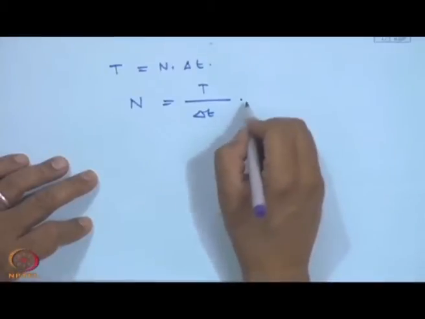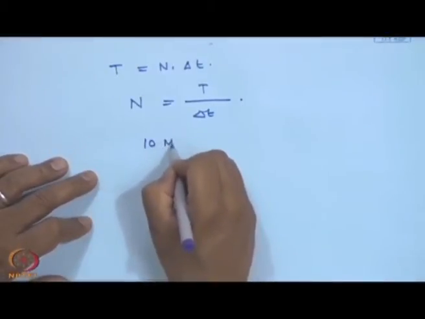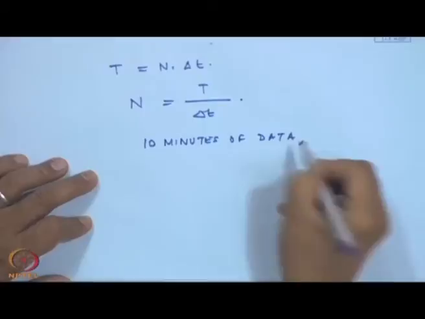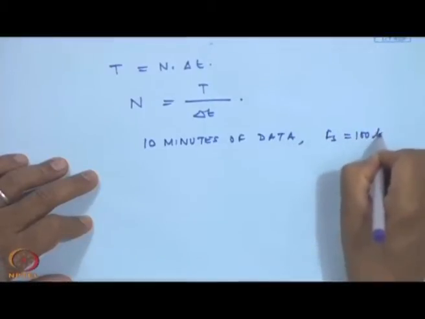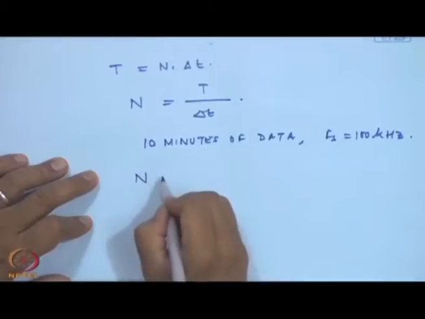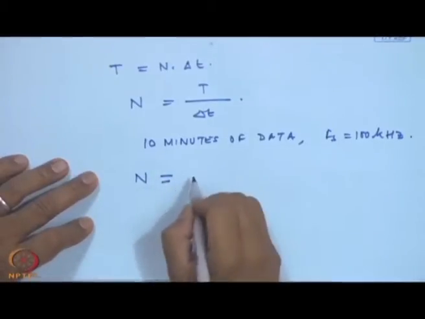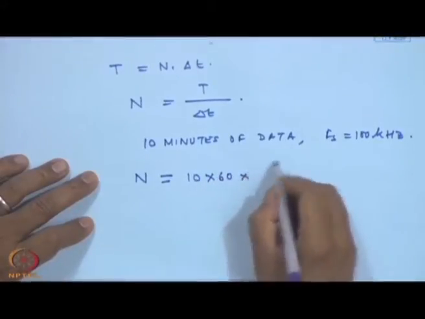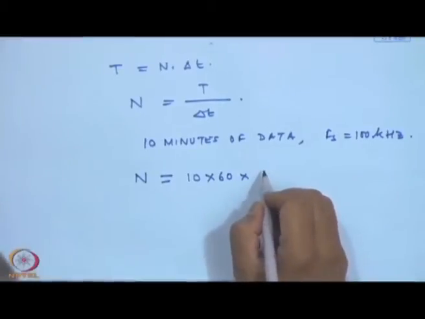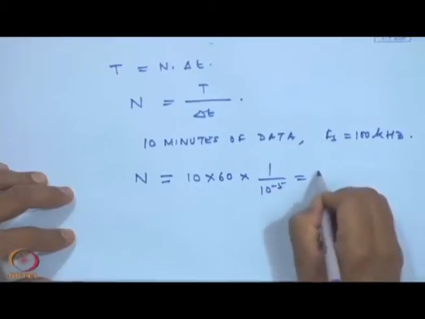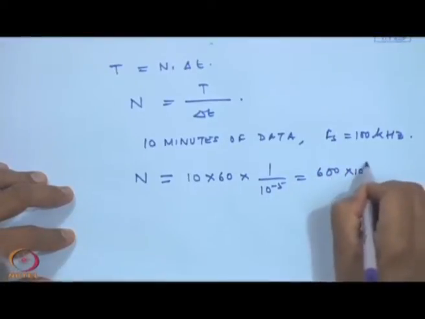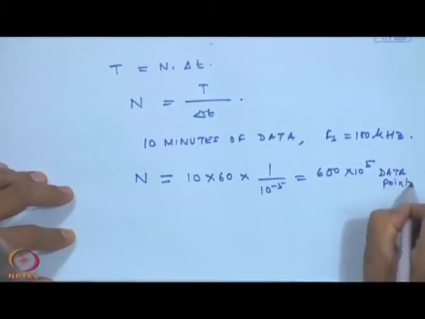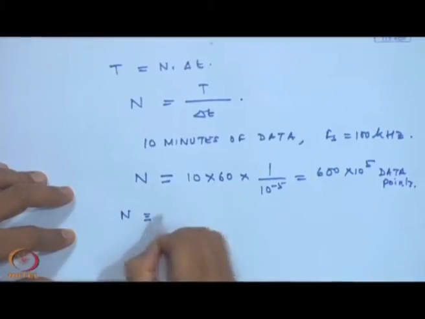Now, if I want to record 10 minutes of data at a sampling frequency of 100 kilohertz, my number of data which has to be stored is 10 into 60 seconds into 1 by delta t, which is 1 by 10 to the power minus 5, that is 600 into 10 to the power 5 data points.